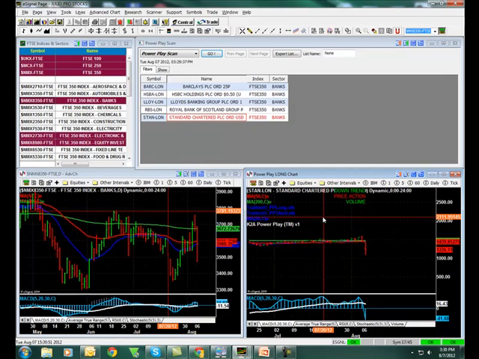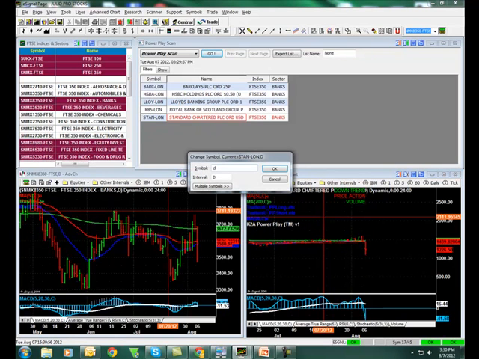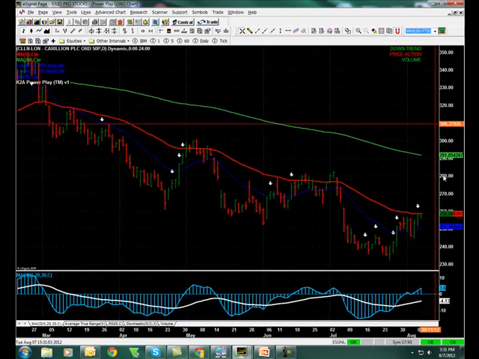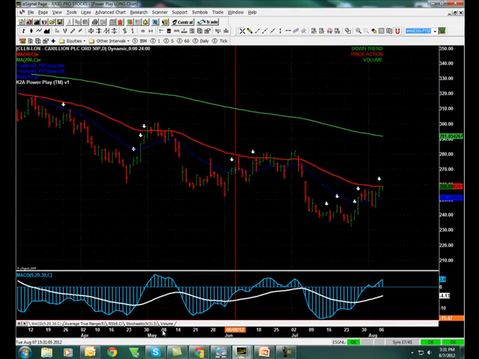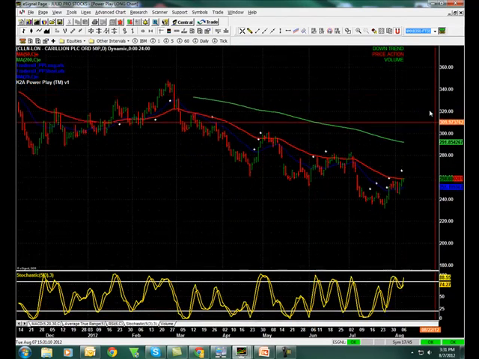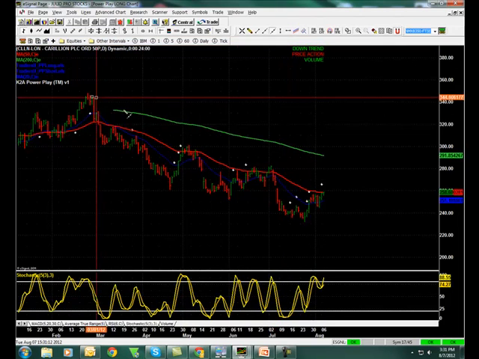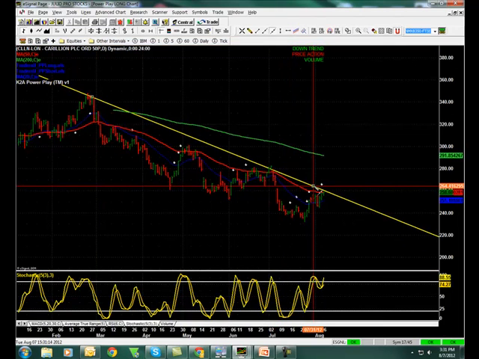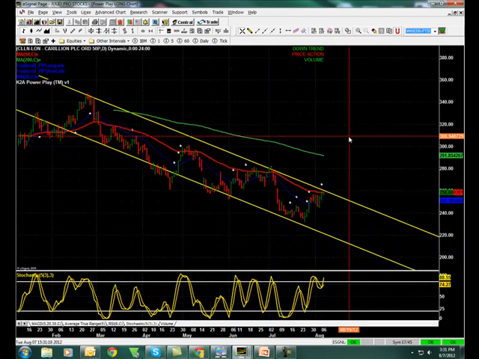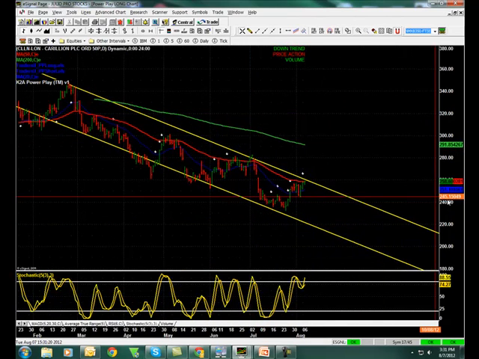First one is CLLN-LON. Let's make it a bit smaller. Let's draw a trend line. Beautiful trend line there. There we go, making lower highs and lower lows, bouncing off the 50 EMA.